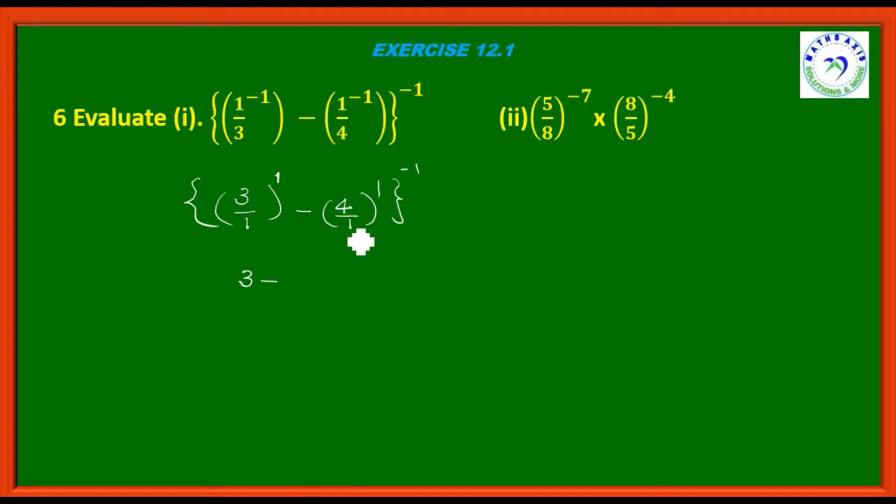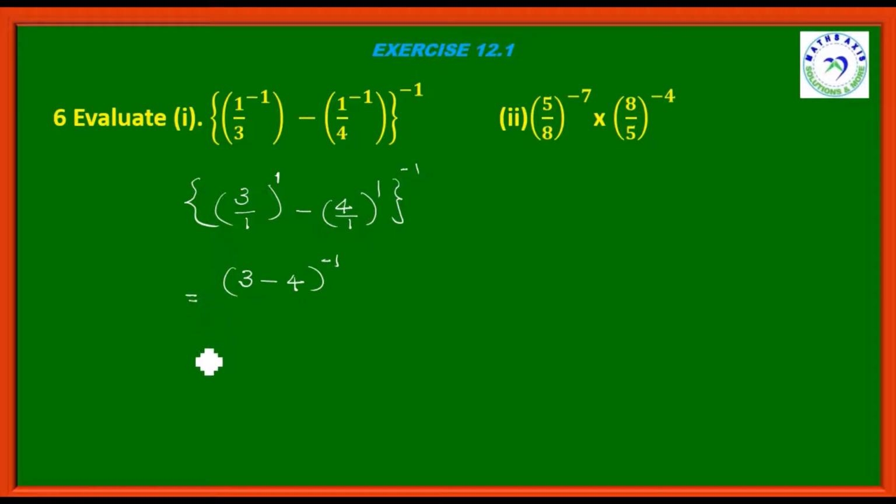Minus 4 by 1, 4. 4 raised to 1, 4. 3 minus 4 whole raised to minus 1. 3 by 1, 3. 4 by 1, 4 whole power minus 1.